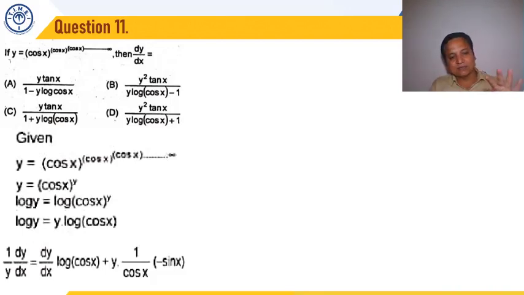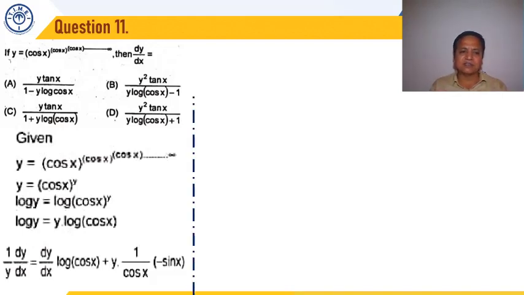Now we will take the terms containing dy by dx on one side and the remaining terms on the other side. We are simplifying this expression. What we have done, we simply said y is equal to cos x to the power y. We take logarithm on both sides.